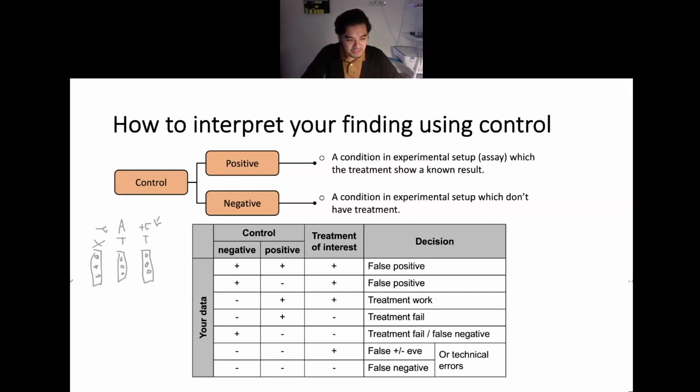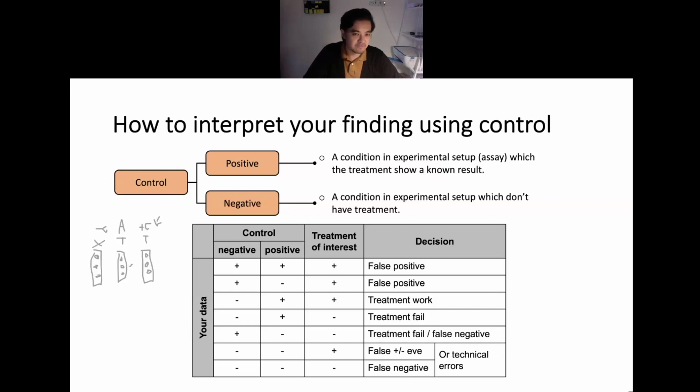Okay, but if you don't see anything at all from positive control, negative control, even your treatment, you're actually committing a false negative. Okay, and in this instance, you need to look back into the technical error, whether you didn't use the proper plant or you didn't do the timing correctly, or you used the wrong chemical, or the fertilizer is already expired, and many more.